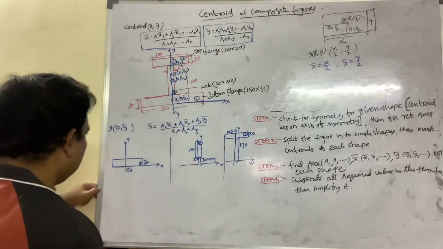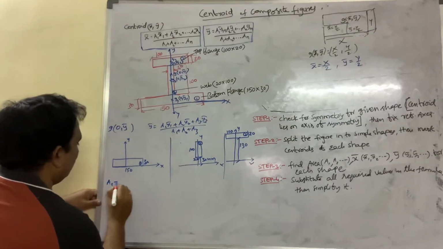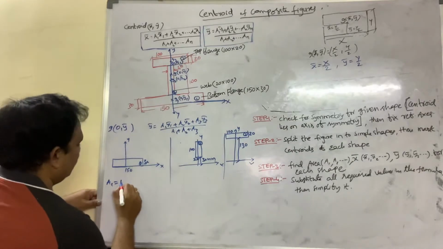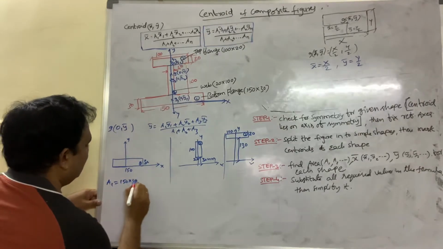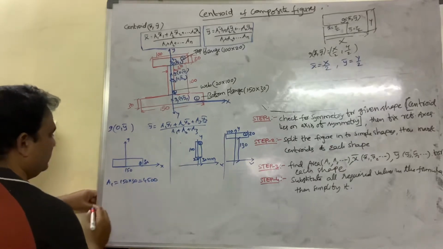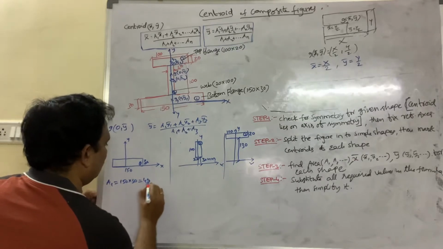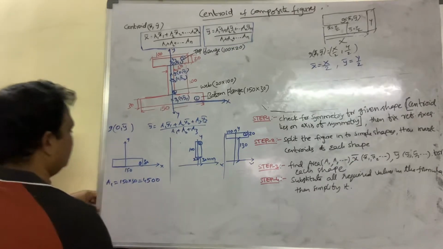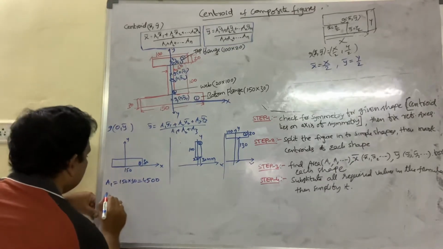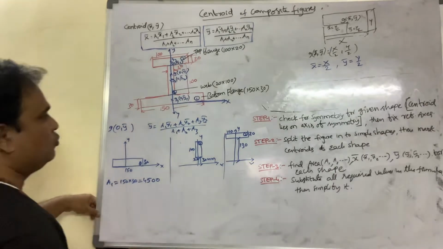For every section, let us find the areas and centroids. What is the area of the first member? 150 into 30, 4500 mm square. Next, what about x1 bar, x2 bar, x3 bar?